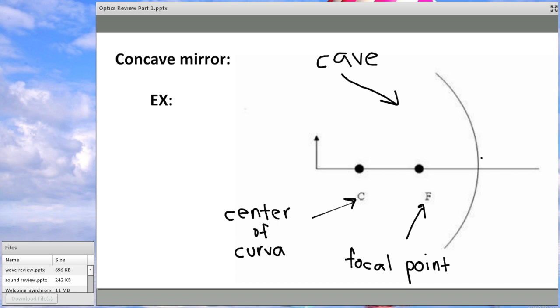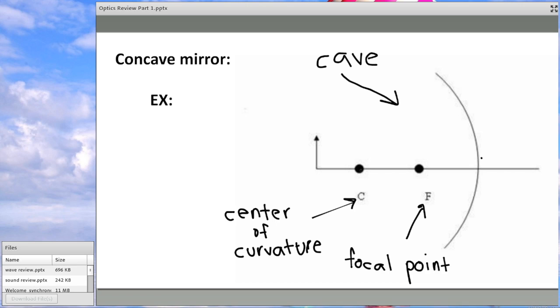And basically, if your lens or your mirror were to make a big circle, this would be the very center of that circle. So if your mirror made a circle, that would be your very center, and this would be like your radius.